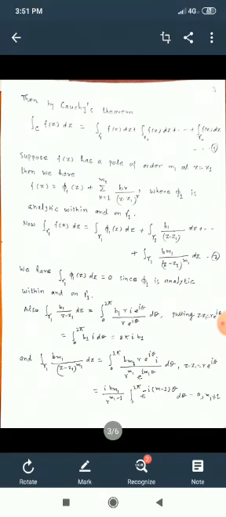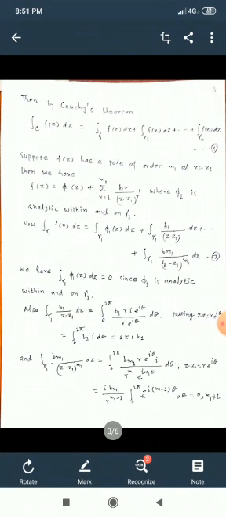Now integral over gamma 1 of f(z) dz is equal to integral over gamma 1 of phi 1(z) dz plus integral over gamma 1 of b1 upon (z minus z1) dz plus ... plus integral over gamma 1 of b_m1 upon (z minus z1) power m1 dz.